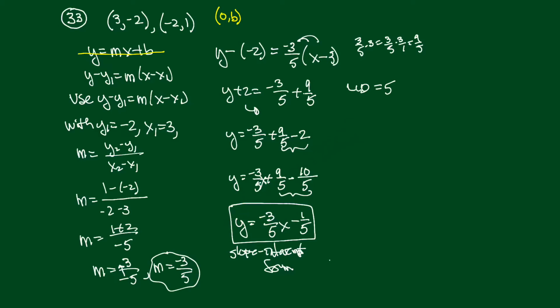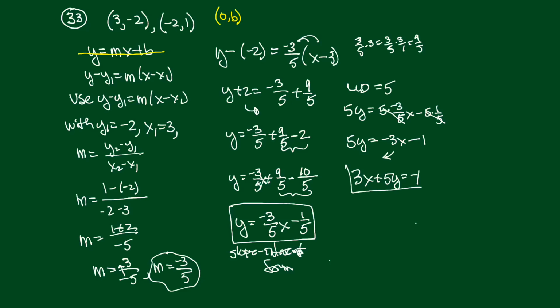So if I do that, it'll look like this. 5y equals 5 times negative 3/5 x minus 5 times 1/5. This will give us 5y equals, those 5's cancel, we'll get negative 3x minus, those cancel, minus 1. And then one more step. Let's just add that 3x to each side. So we'll have 3x plus 5y equals negative 1. Standard form.